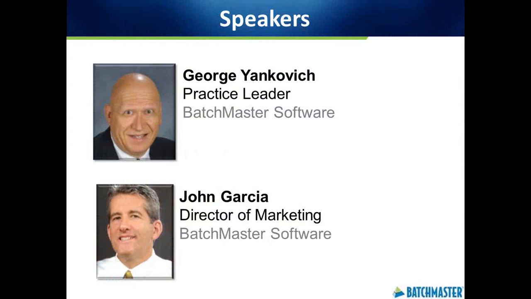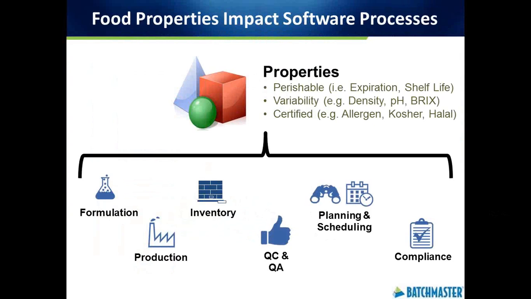George will be diving down under the covers of our BatchMaster solution for food and presenting a number of those key essential features. The reason why we're having this conversation is that food manufacturing is a little bit different than normal process manufacturing, which is certainly different than discrete manufacturing.